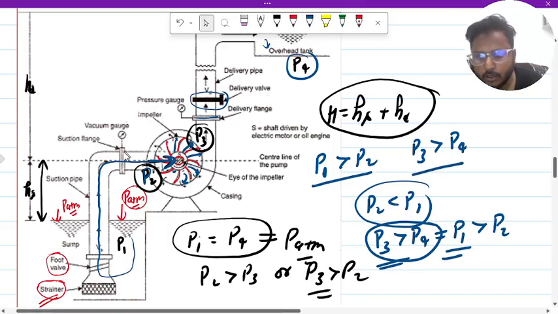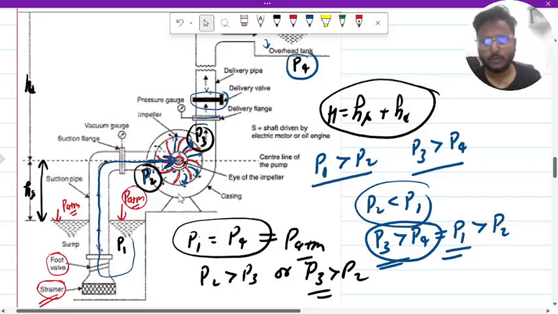There are some important components: the delivery valve, suction flange, suction pipe, delivery pipe, sump, strainer, foot valve, and the overhead tank, and the eye of the impeller. This is the impeller, and this is the casing. What is the function of the casing?